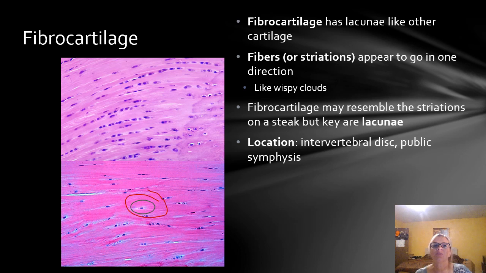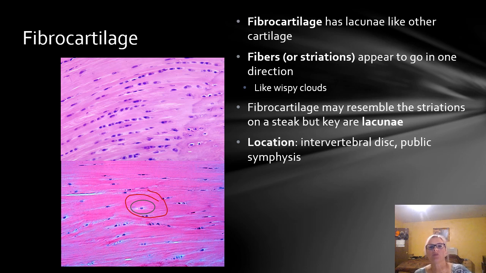Okay, so you can still see the whitish space surrounding a chondrocyte. That is important because sometimes people mistake fibrocartilage for muscle. Okay, so be careful. So the lacunae look different, but you also have striations, and that's the appearance of fibers going along in the same direction. It kind of looks wispy cloud-like in this particular tissue.